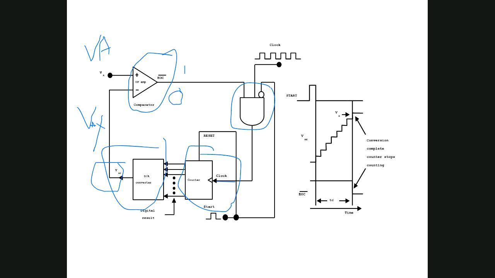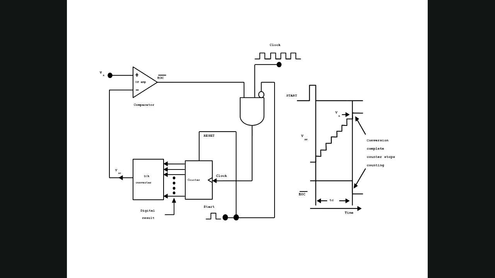What happened initially? It is controlled by the start pulse. Initially the start pulse goes high, then the start pulse goes low. When it goes high, this is 1, and the 1 will come here and become 0.